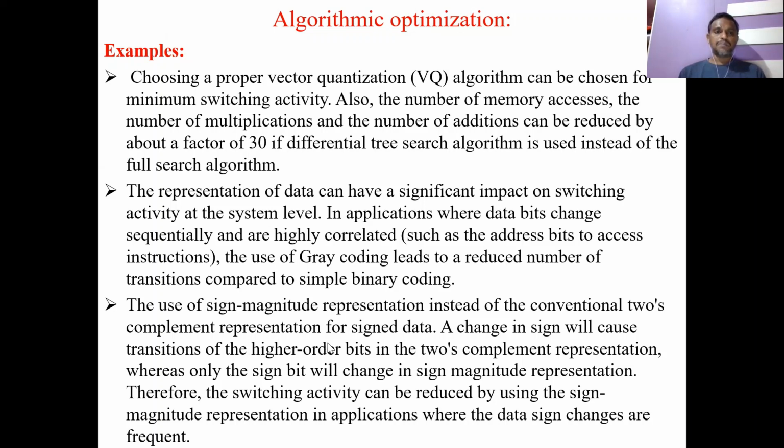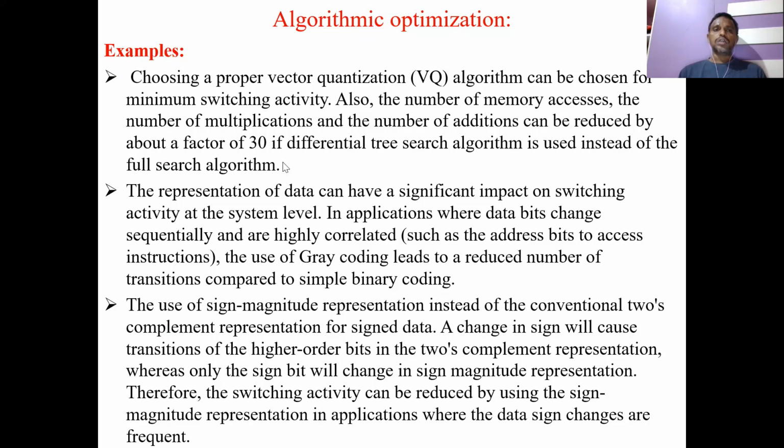Here is another example. A proper vector quantization algorithm can be chosen for minimum switching activity. Also, the number of memory accesses, the number of multiplications, and the number of additions can be reduced by a factor of 30 if the differential three-search algorithm is used instead of the full search algorithm.